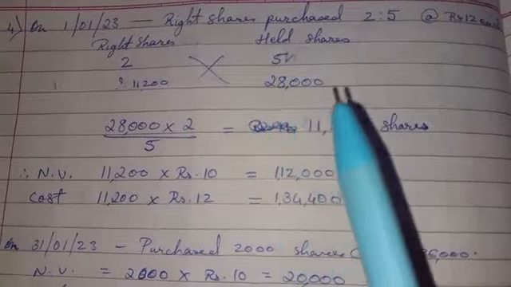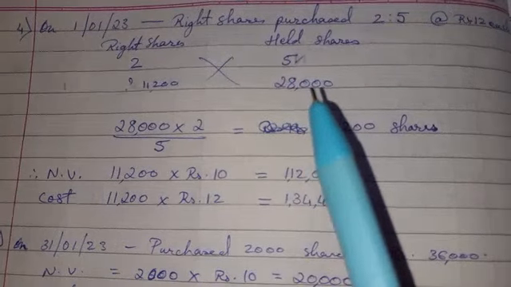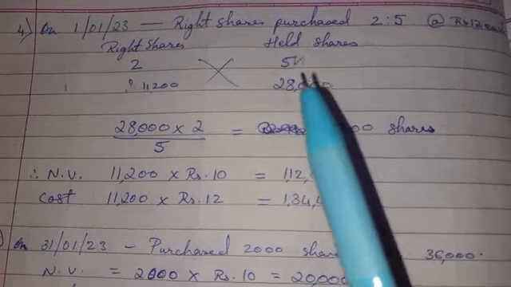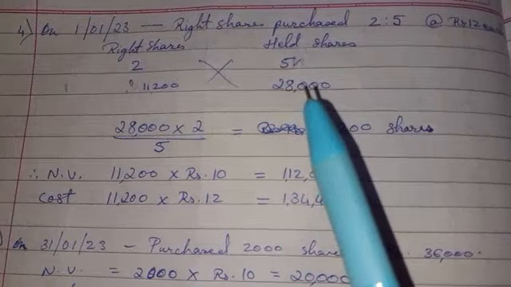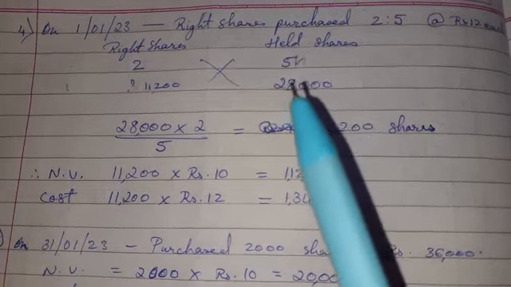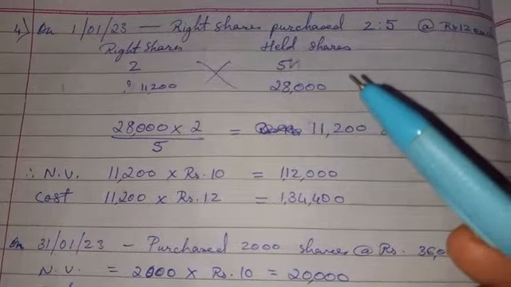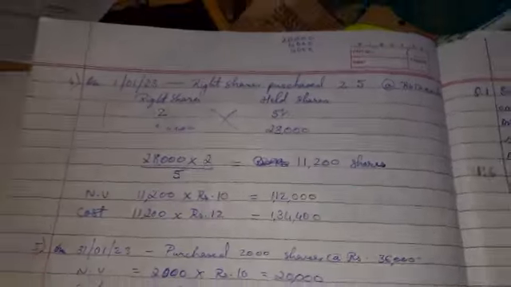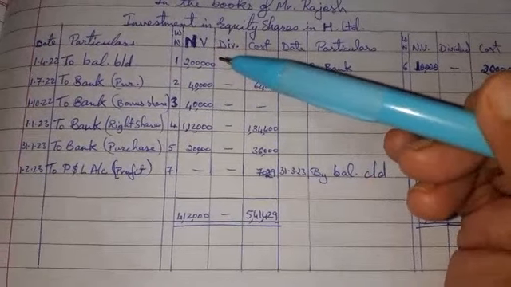So right now how many shares are we holding? It is 28,000. How am I getting 28,000? As I said, for the bonus shares we had 24,000, and then we got an additional 4,000 bonus shares, so 24,000 plus 4,000 would be 28,000. If you see here also, you can identify how many shares you have.